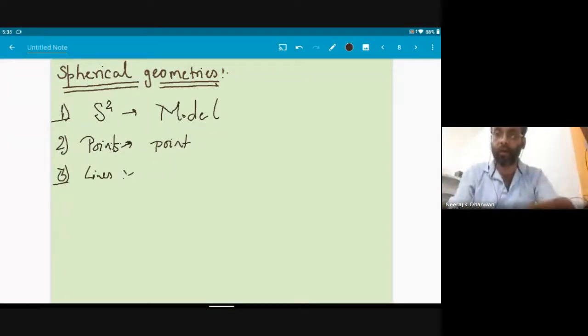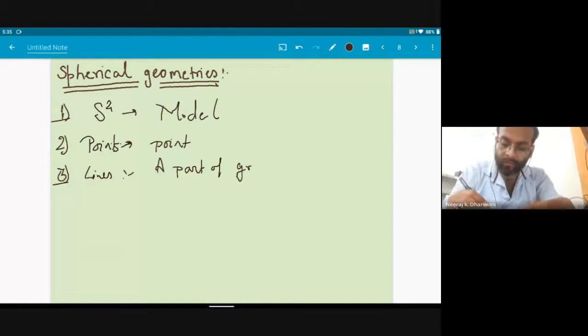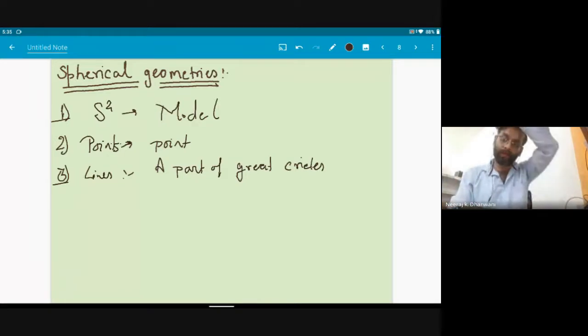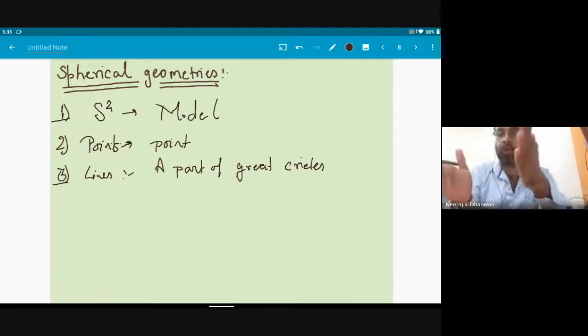What I want to call a line is a part of great circles. So what is the meaning of the great circle? A circle which divides your sphere into two equal parts is called a great circle.